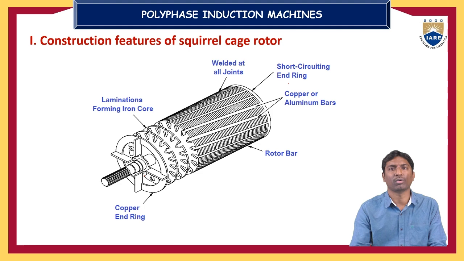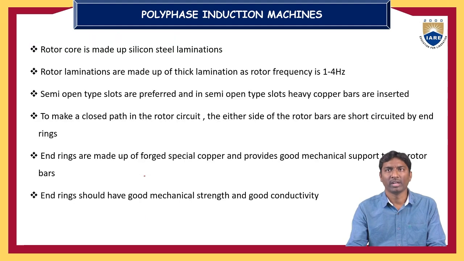These end rings are made up of forged special copper and provide good mechanical support to the rotor bars. End rings should have good mechanical strength and also good conductivity.